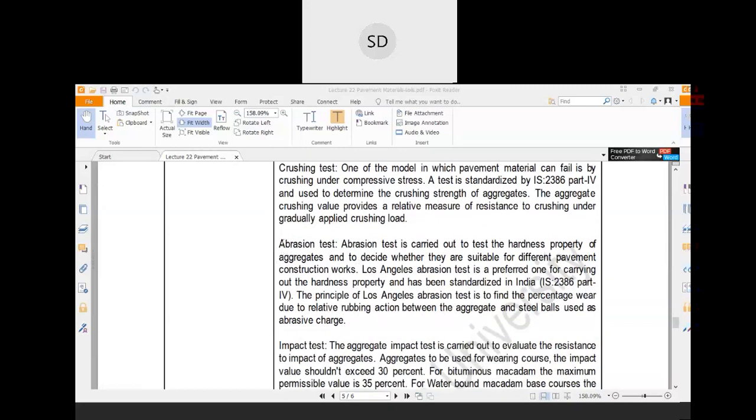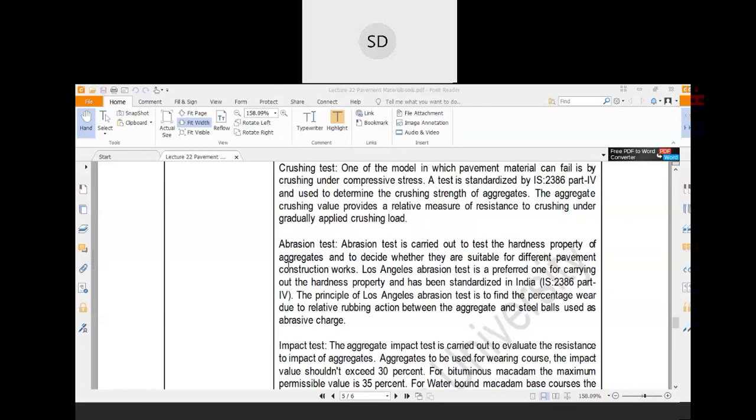Then coming to the next portion, abrasion test. Now abrasion test is conducted to find out the hardness properties of the aggregate, and abrasion test is conducted using different types of machines. So two popular instruments are Deval abrasion test and Los Angeles abrasion test.